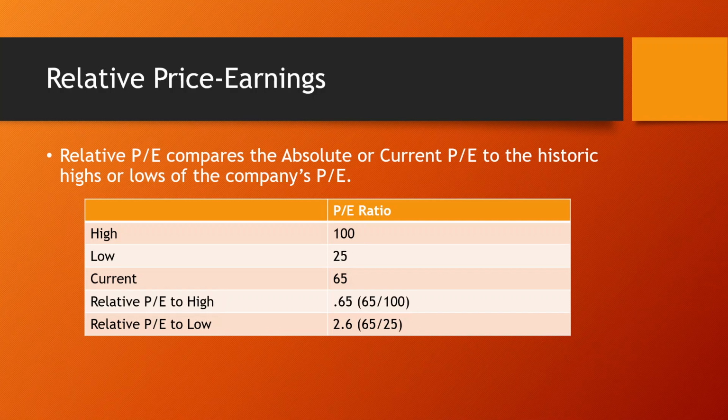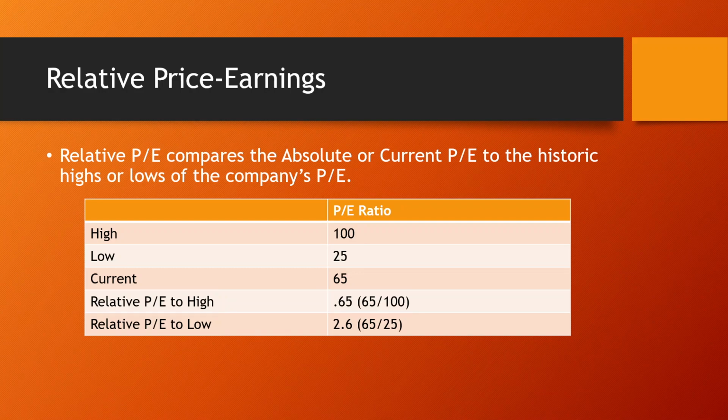It uses the highs and lows of the PEs as a benchmark for the current price to earnings to see: is the current price to earnings standard? Is it high? Is it low? Based on what the company has been at before. So it uses past trends to evaluate the company's current price to earnings ratio.